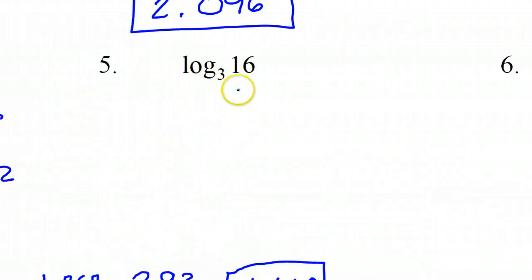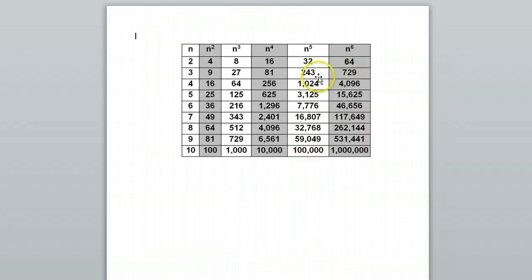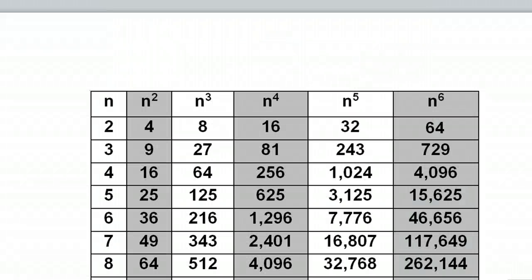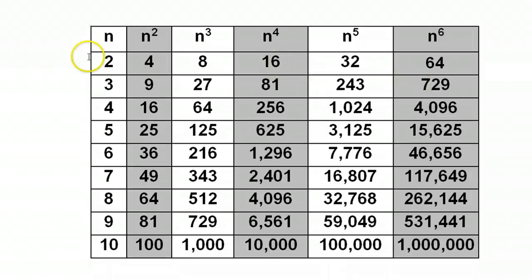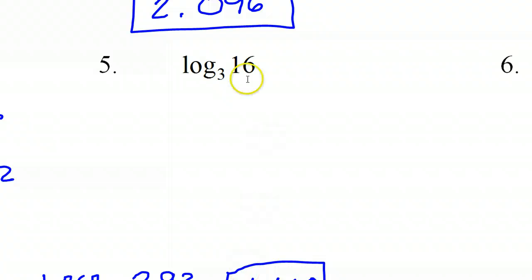Alright, number 5. Now, keeping in mind that we're trying to get 2's and 5's. When I look at this 16, I'm remembering that 16 is 2 to the 4th power. That sounds promising to me. So let's do that. So this would be the same thing as log base 3 of 2 to the 4th power.